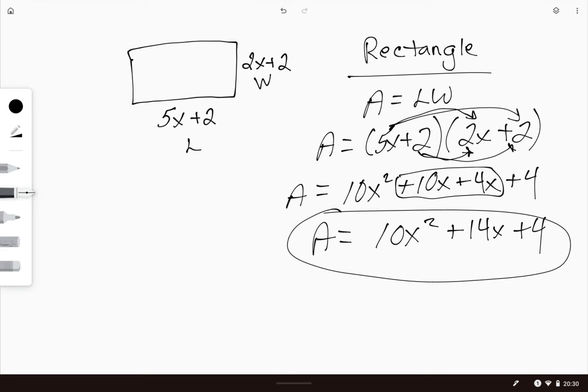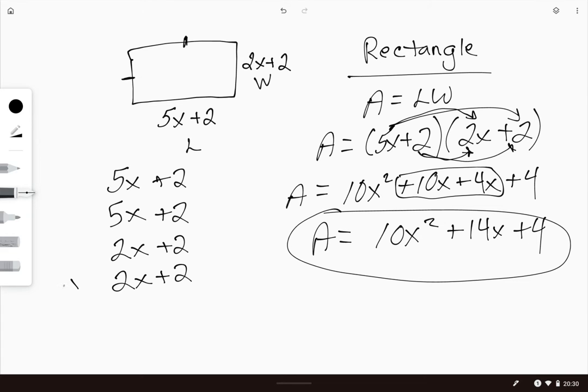Now, when you're finding the perimeter of any shape, we simply add up the measurements of all of our sides. So when you're working with a rectangle, remember that the opposite sides are congruent. So that means I have 5x plus 2, and then I have another 5x plus 2, and then I've got 2x plus 2, and another 2x plus 2.